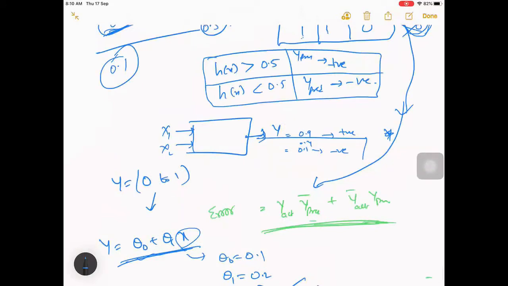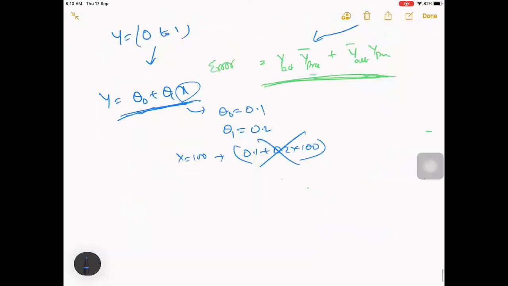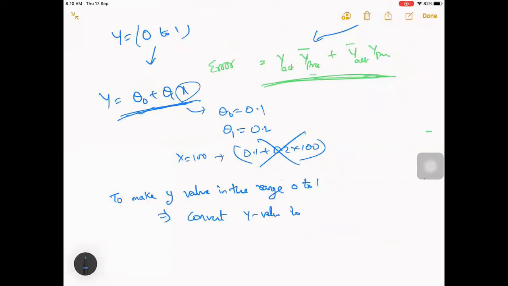So what we should be doing is adding some kind of manipulation to this so that it comes between 0 to 1. To make the y value in the range 0 to 1, we convert the y value to a probability.